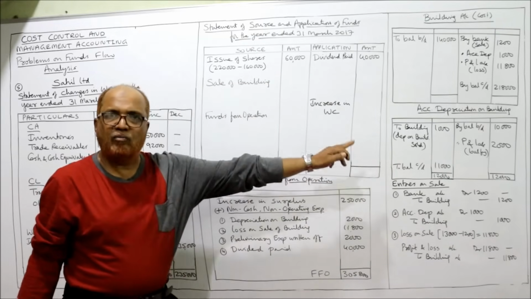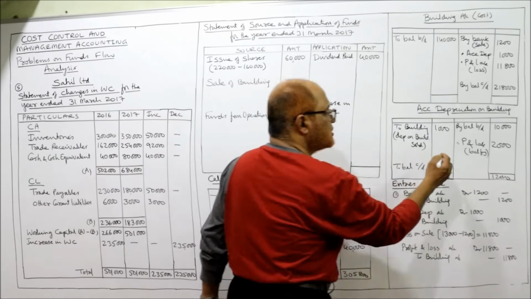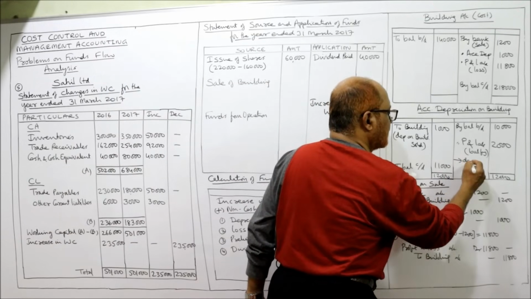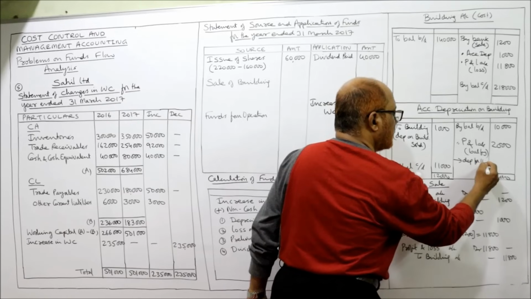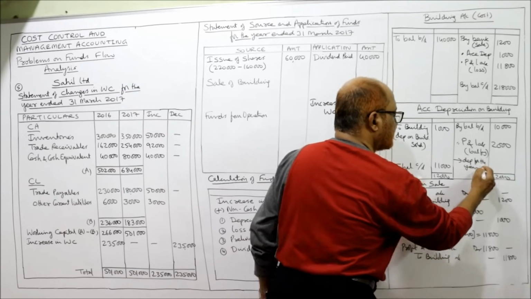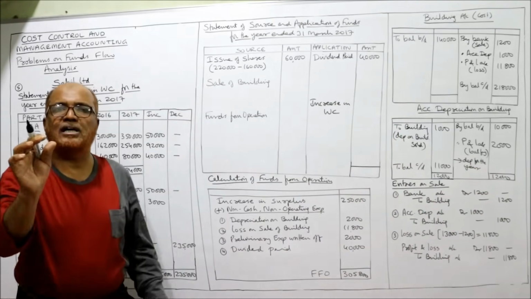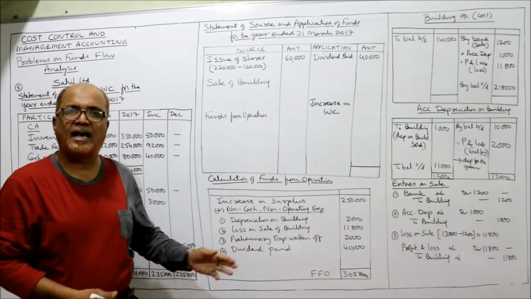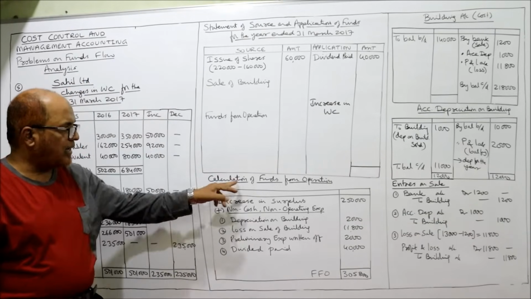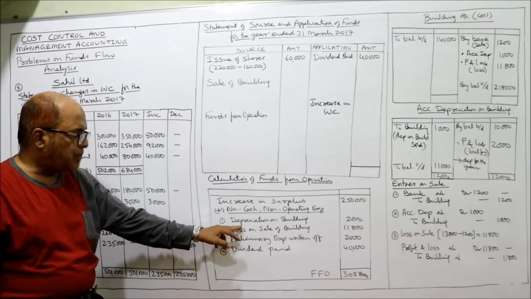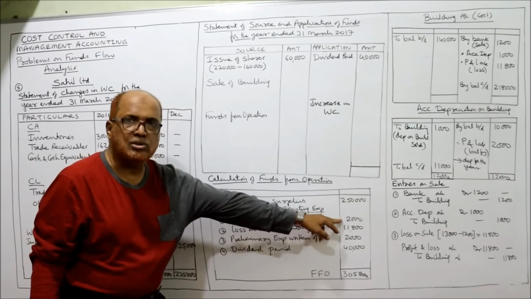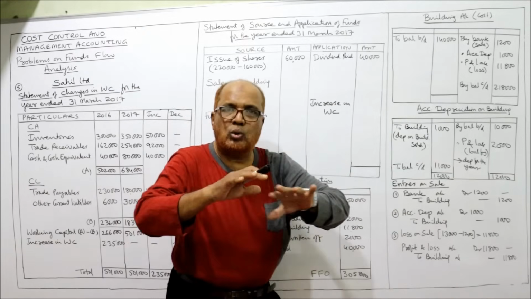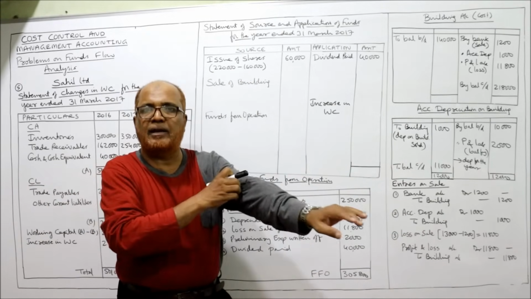By preparing the account, we come to know. So 2,000 is the depreciation for the year. This depreciation for the year should be added as non-cash item while calculating funds from operation, depreciation on building 2,000. This 2,000 is the total depreciation on all buildings.